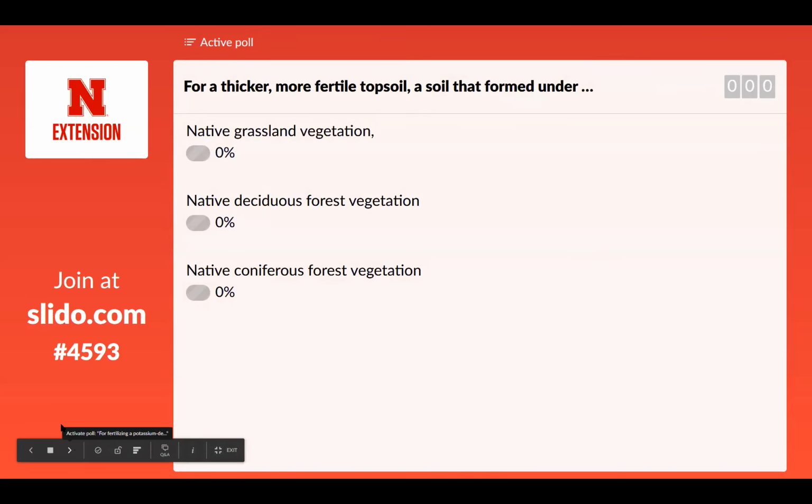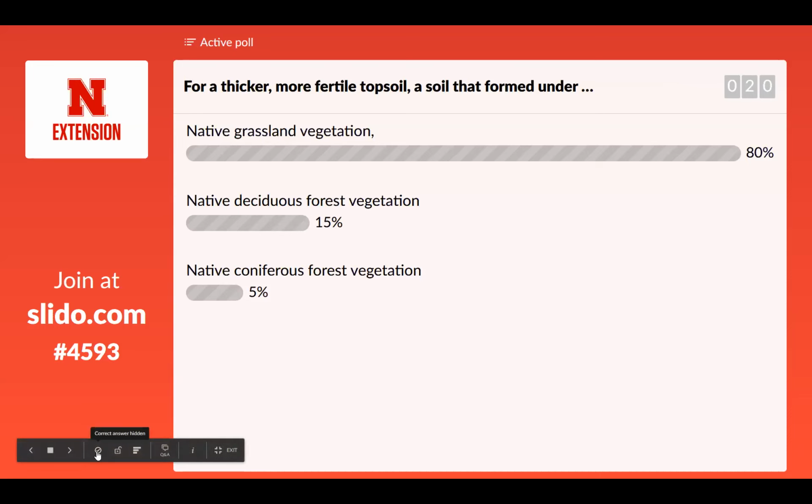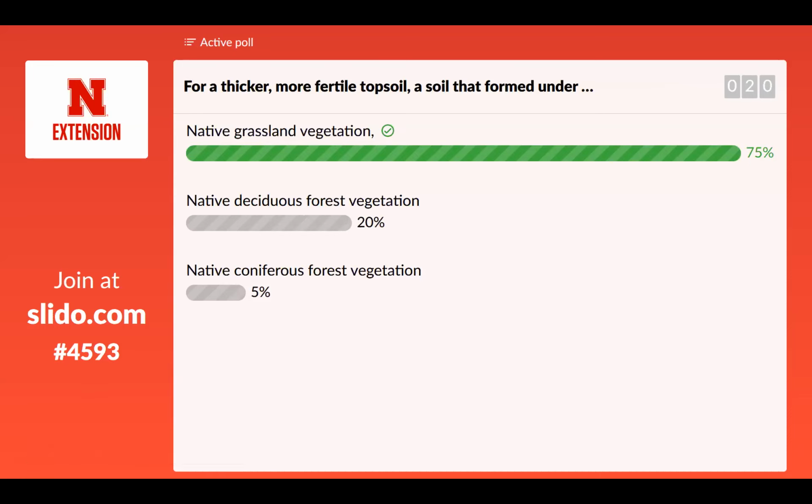All right, so which would you rather have for a thicker, more fertile topsoil, a soil that formed under native grassland, native deciduous forest vegetation, or native coniferous forest vegetation? Ooh, nice job.